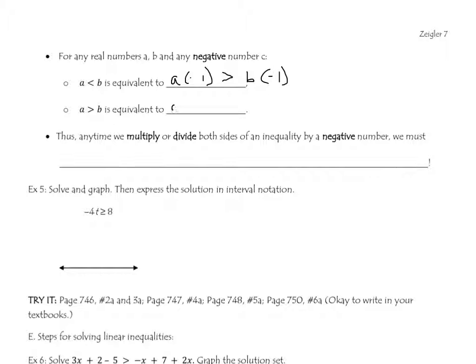And if it's the other way, if it starts out a is greater than b, then if we multiply by -1, we have to change it to less than. This is very important to remember. So anytime you multiply or divide by a negative, you reverse the inequality.